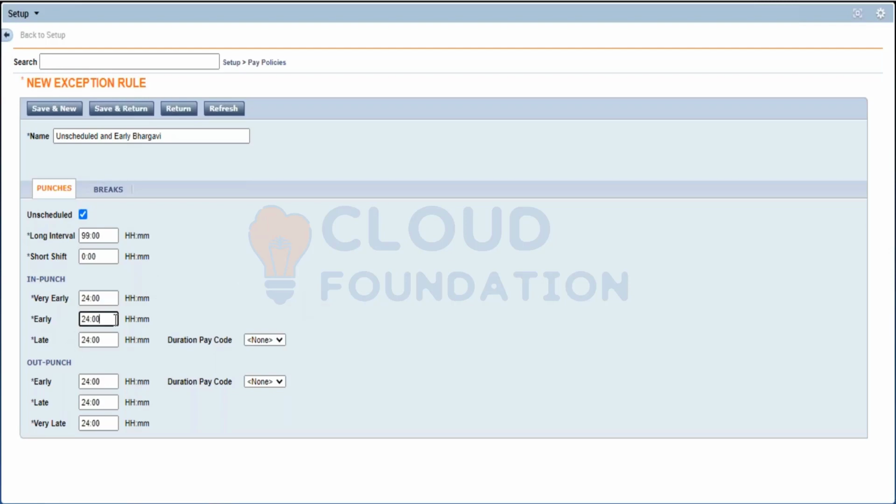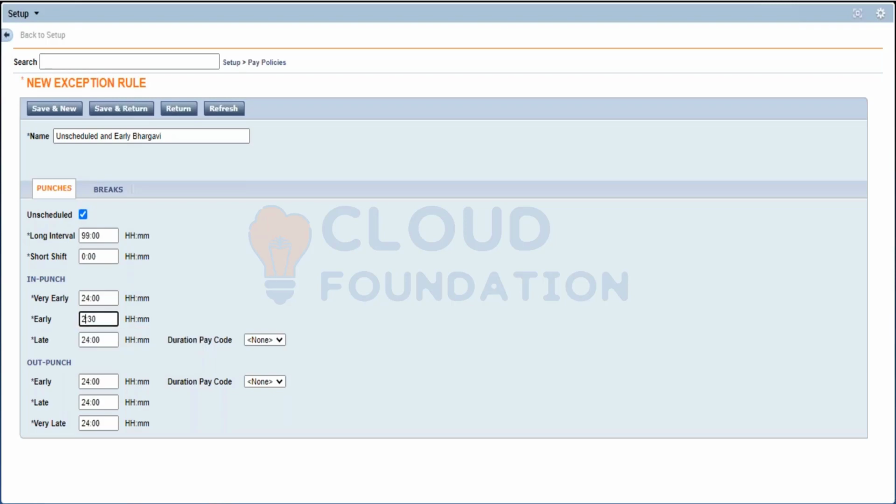In the in punch, 30 minutes is early. Anything before that, if an employee is coming 30 minutes before his scheduled start, then it's called early. Anything more than that is called very early. So I'm going to set up 30.